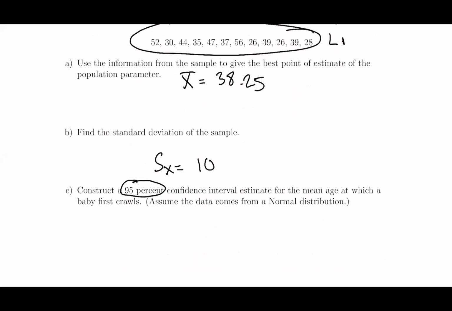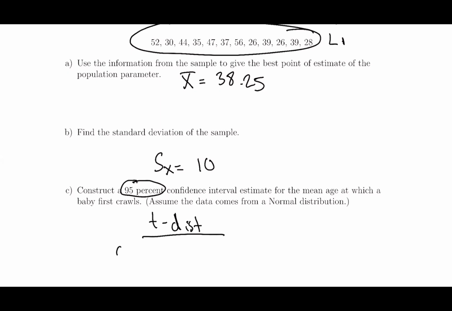So if you remember, for the mean, where we're trying to find the parameter for the mean, what we want to use for this one is the t-distribution.